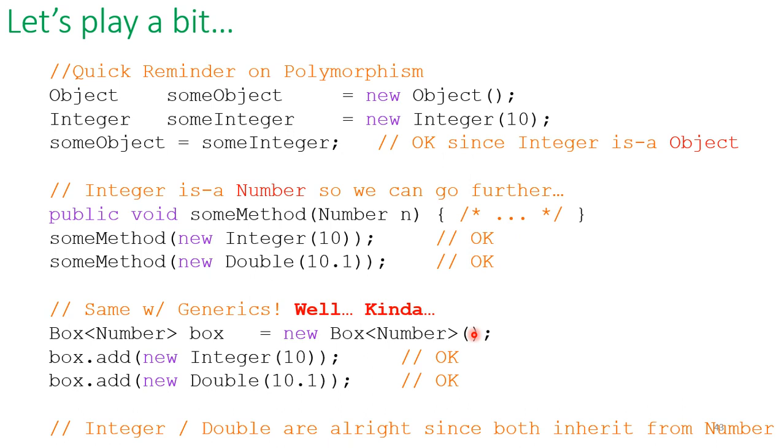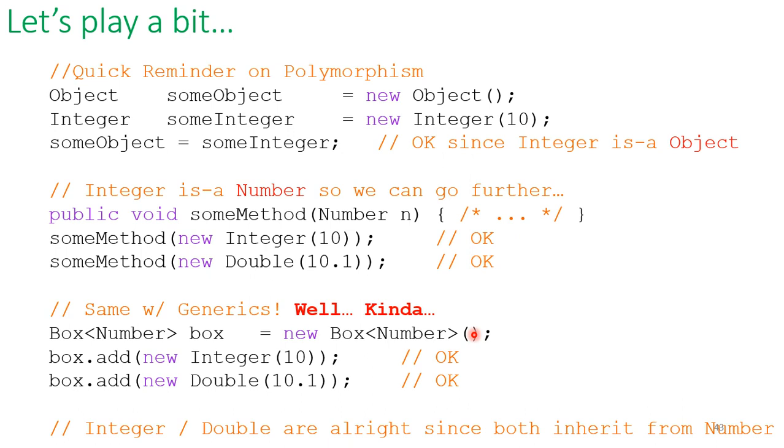We have indeed a generic type Box, but when we pass those parameters of type Integer and Double, please notice that the add method from the Box of T class is not generic itself.